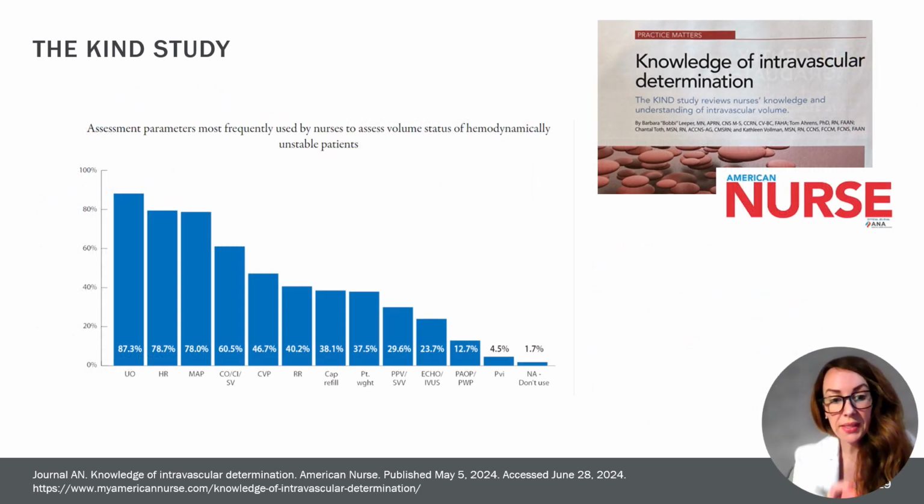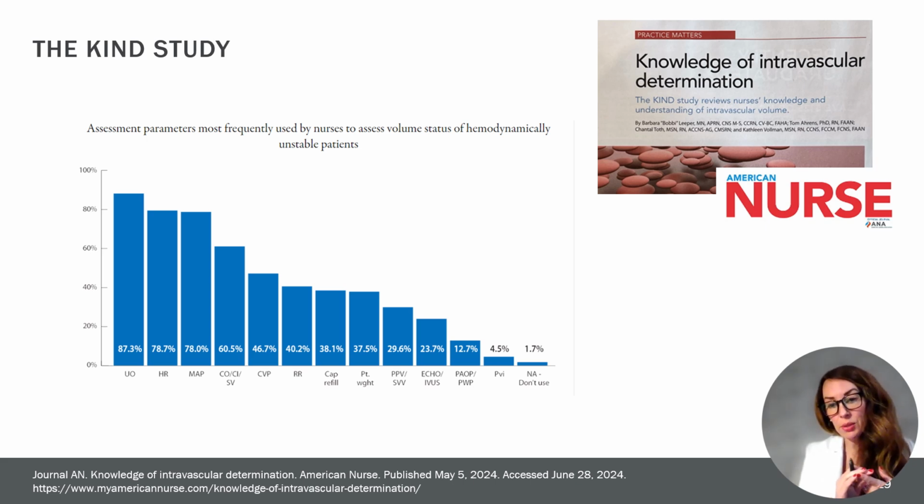All right, so the assessment parameters that are most frequently used by nurses to assess volume status of their hemodynamically unstable patients, if you see on that bar graph all the way to my left, urine output is the number one parameter that nurses are using to assess the volume status of their hemodynamically unstable patient.